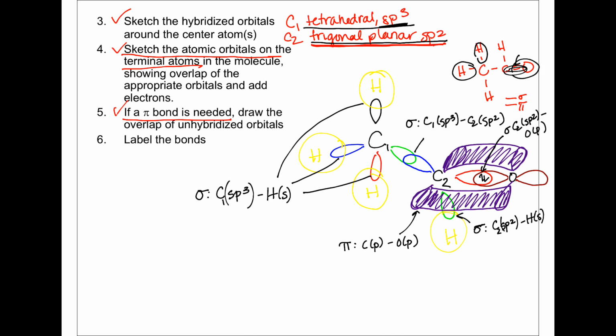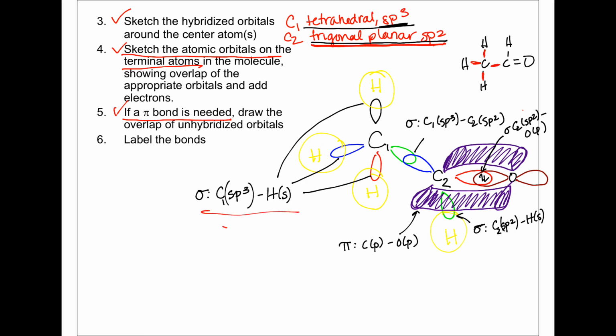And again, I want to remind you to use your Lewis dot structure to make sure that you have all the bonds that you need. And I'm just going to write our Lewis dot structure again up here to make sure that we have everything. So it's this. Okay. All right, so we have labeled these 3 bonds right here.